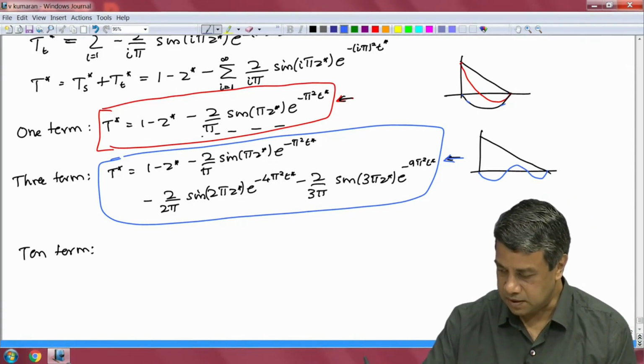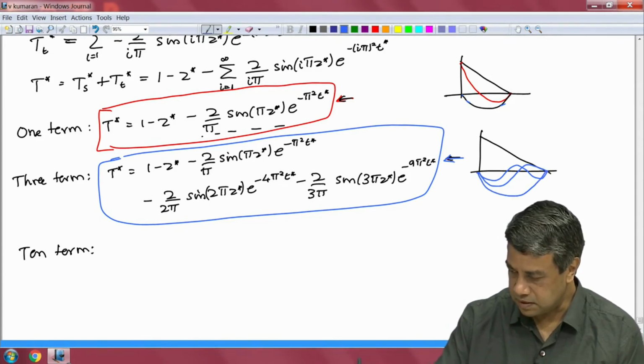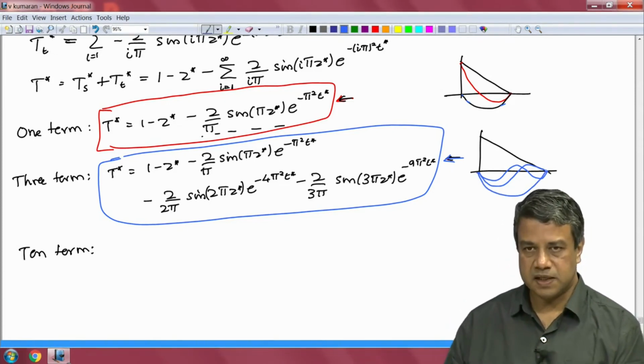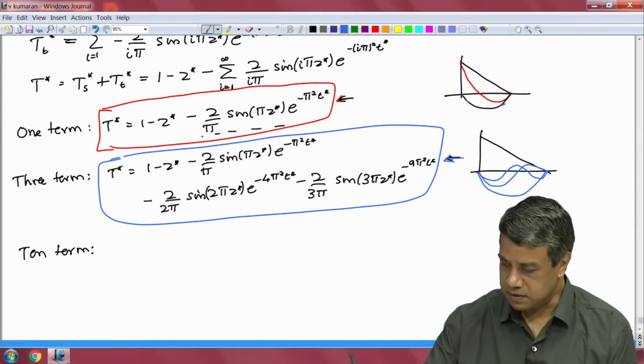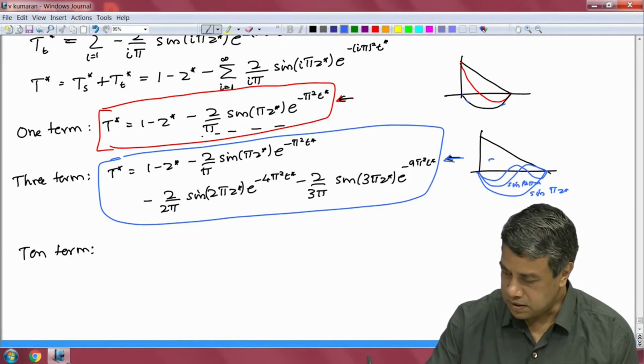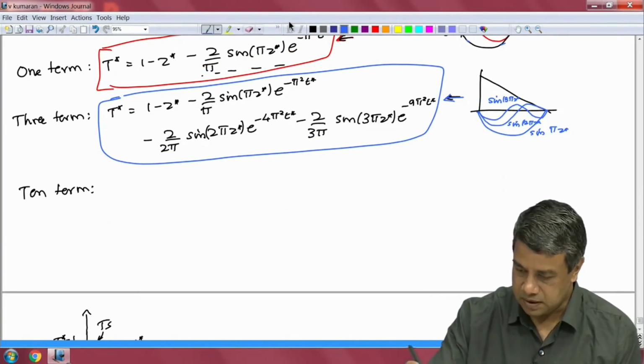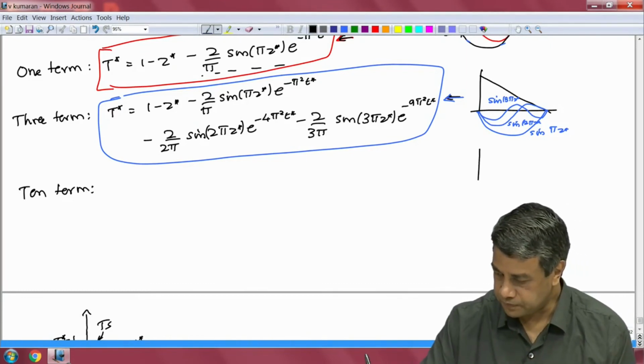So, it will be the superposition of things that look like this as well as like this. Sine pi z, sine 2 pi z. So, this will be sine of pi z, this is sine of 2 pi z, and this is sine of 3 pi z. And if you add them all together, you will get something that looks like this.